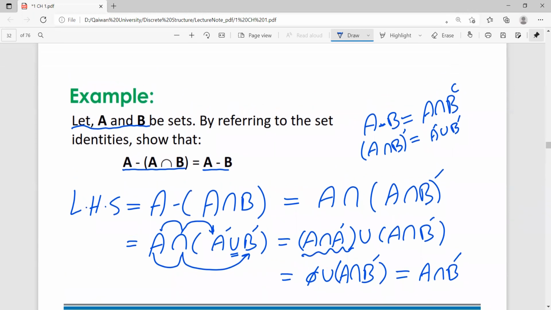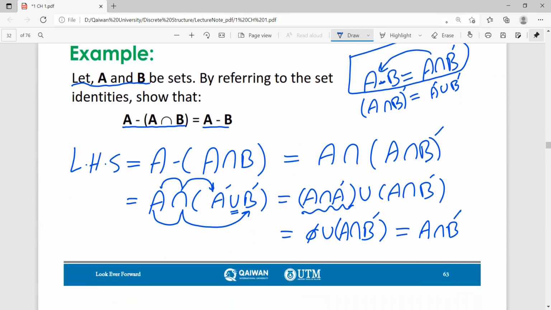Again, by using this rule, we have A intersection B complement. Can I say it equals A minus B? Yes, you can. Since you have A intersection B complement, you can say it equals A minus B. This equals the right hand side.